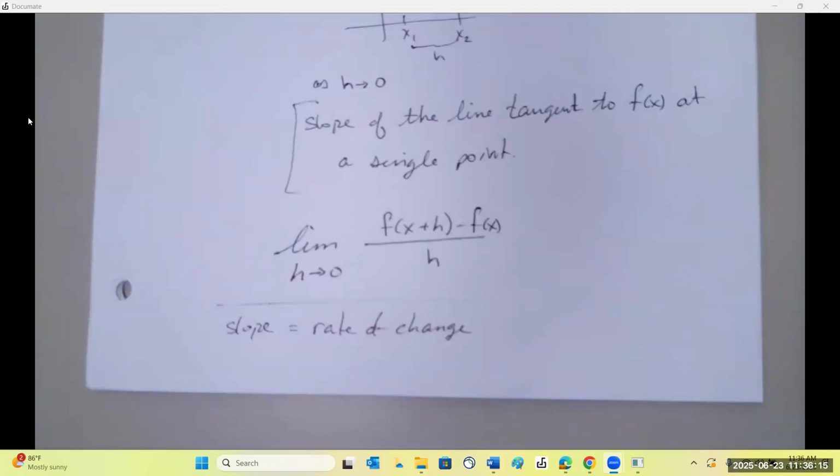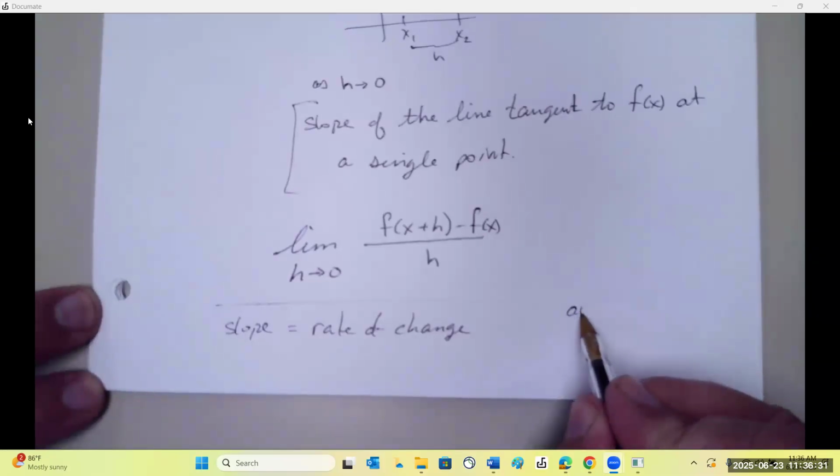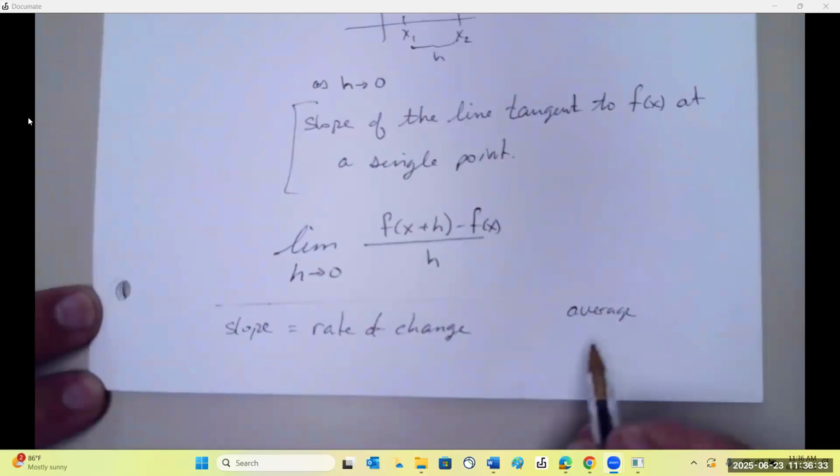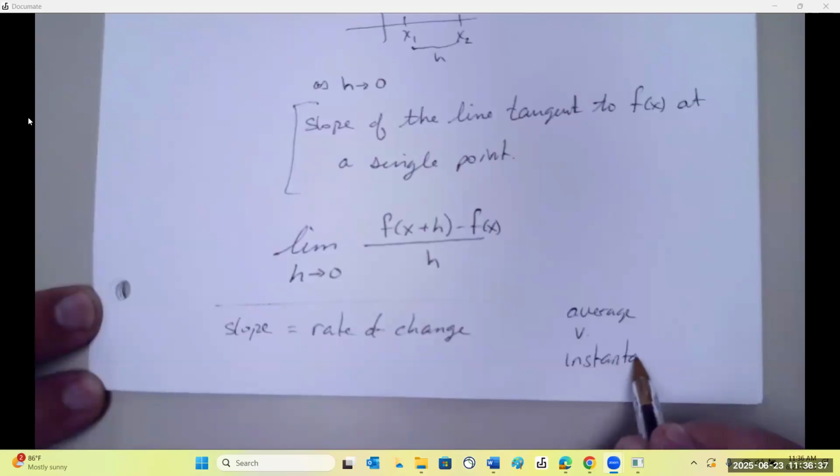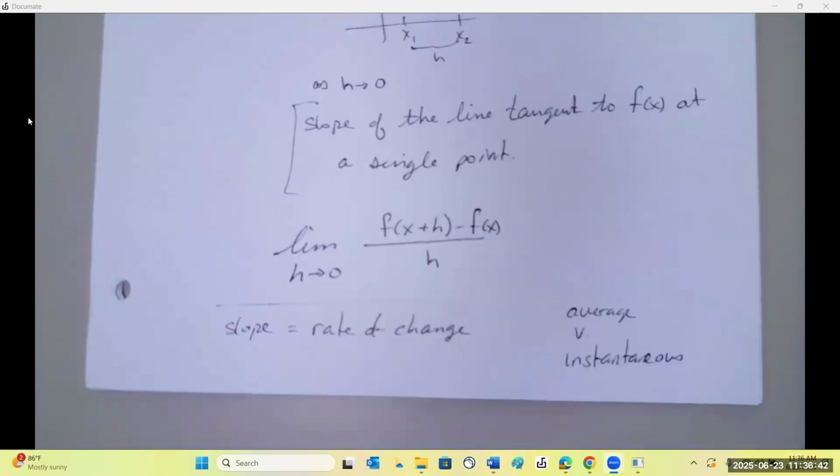What were the two things we looked at? With a specific time, what's the difference between those two? Average versus instantaneous rate of change.